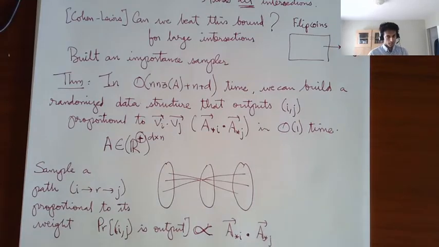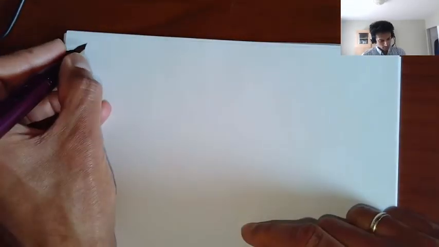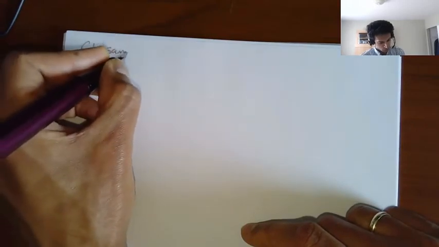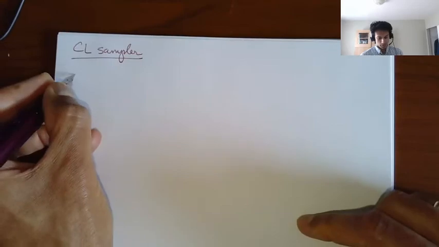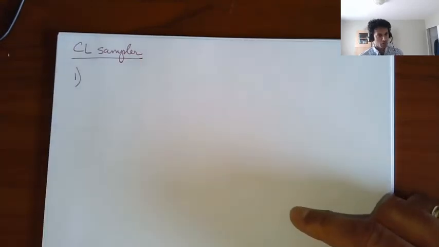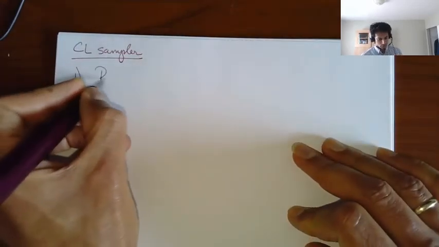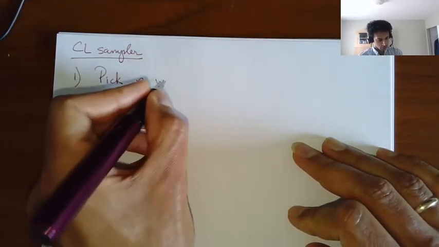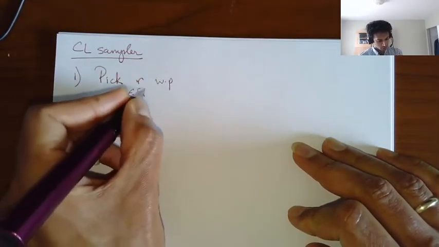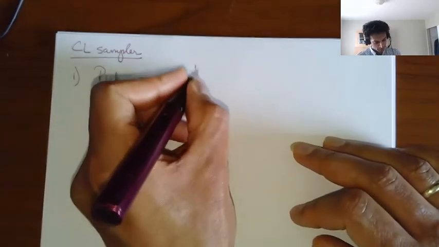Okay, so let me describe the algorithm. Let me describe the Cohen-Lewis sampler. The first thing we're going to do is pick r, which is a dimension.